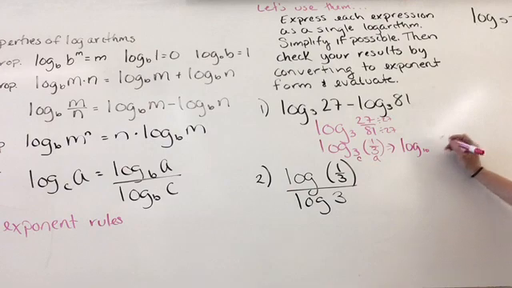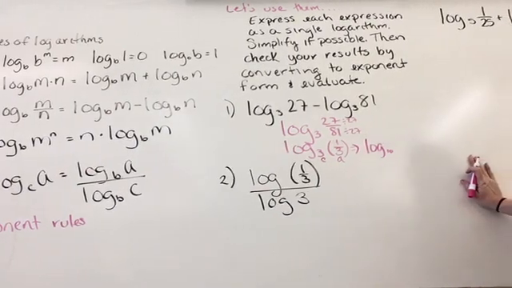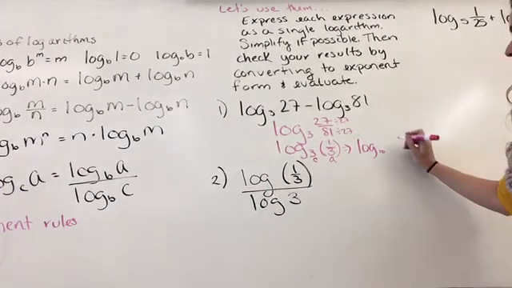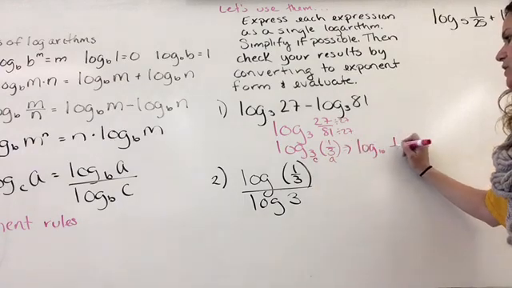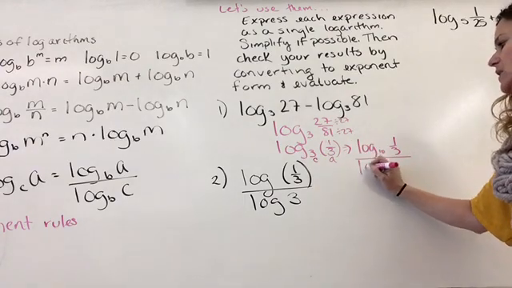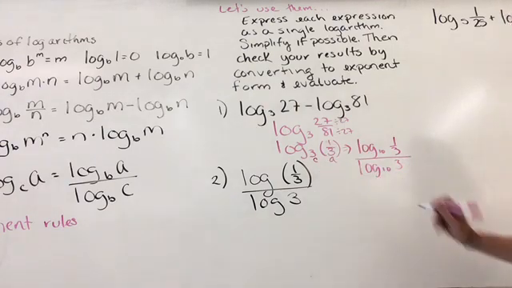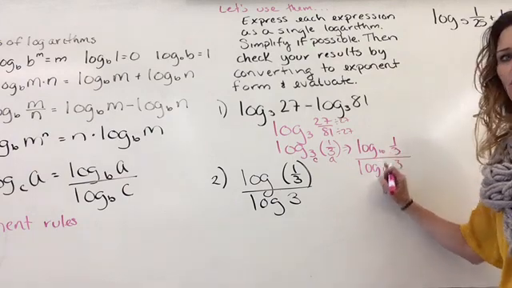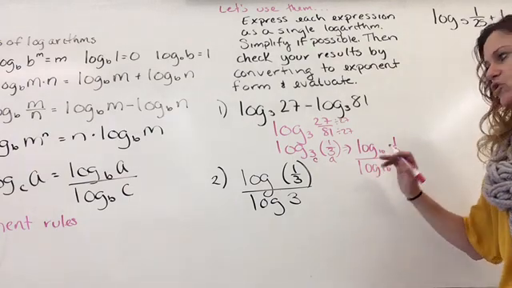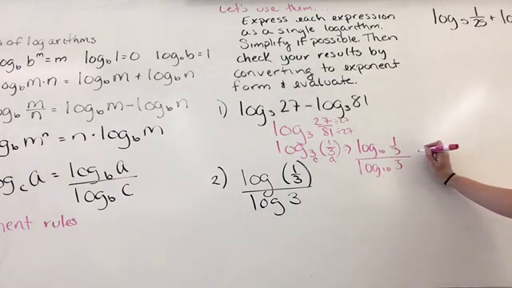Remember, when they don't write it, 10 is always assumed to be there. Log base 10 of a, so that's the 1/3, divided by log base 10 of the c. This is a value you can punch in your calculator. You can only do your calculator with a base 10, which is why we had to convert it so it would be the same.